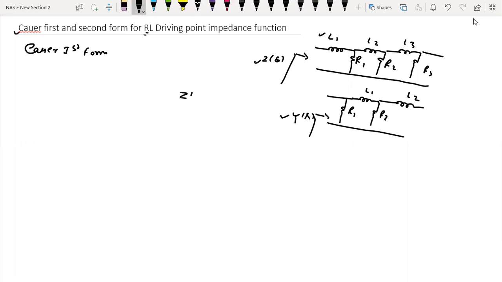So just take the function ZS and put S tend to infinity. After putting infinity, if you get infinity, then the form is done for the ZS. And if you get a constant, because it is starting with resistance, then the form is done for the YS.